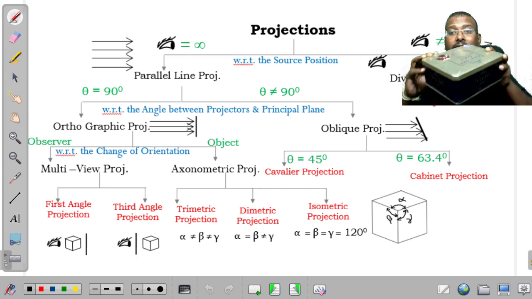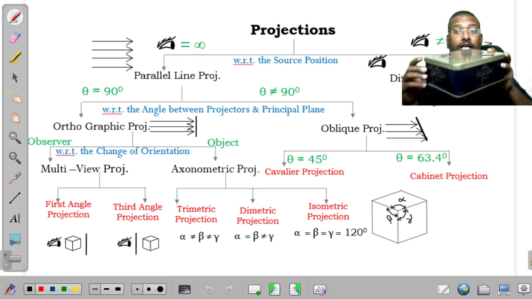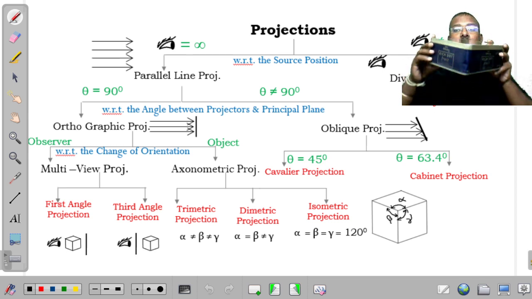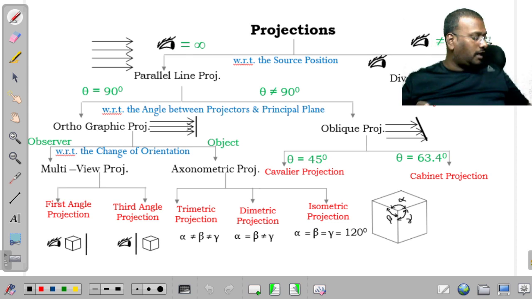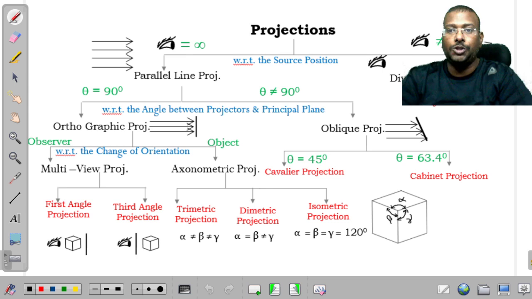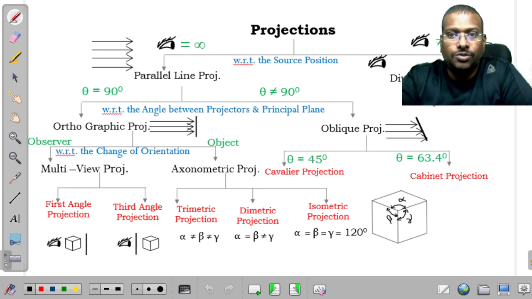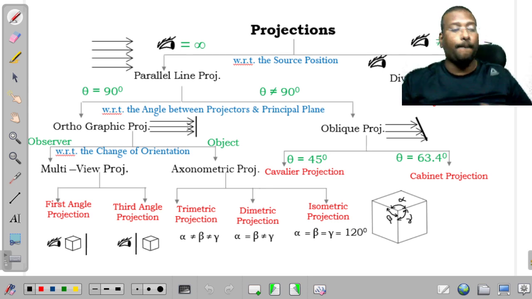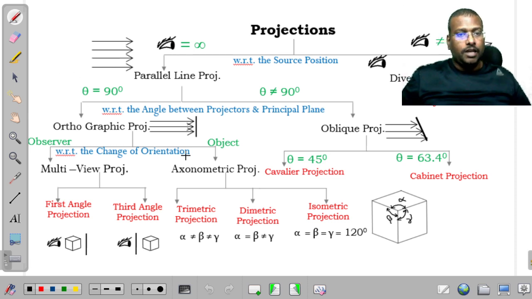I am going to rotate like this. So here all the information you are getting by changing the orientation of the object. So in order to get the complete information, if the observer changes his position, then it is called multi-view projection.